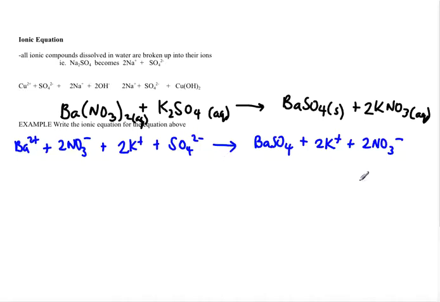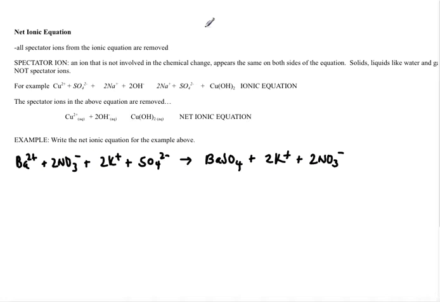So this is called my ionic equation. Sort of a zoomed in version of the reaction where we are visualizing what we would see if we could see at the molecular level. The next equation is the most important equation, and it's called the Net Ionic Equation.